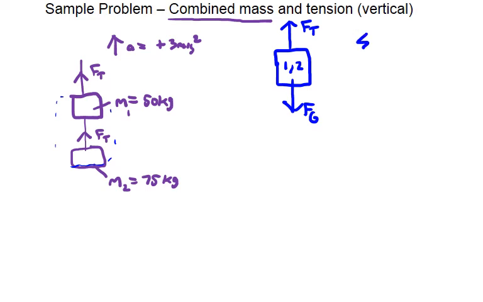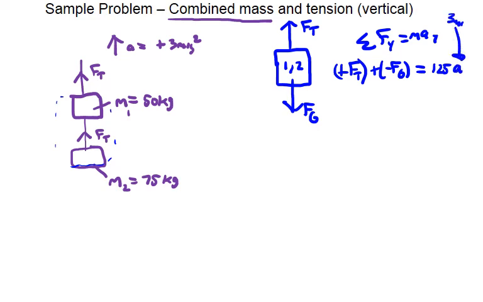And so when we set up the sum of the forces in the y, positive tension force plus the negative force of gravity equals the total mass, which is 125, times acceleration, which in this case is 3 meters per second squared. And we can figure out what that tension force is. So it's negative 125 times 9.8 equals 125 times 3.